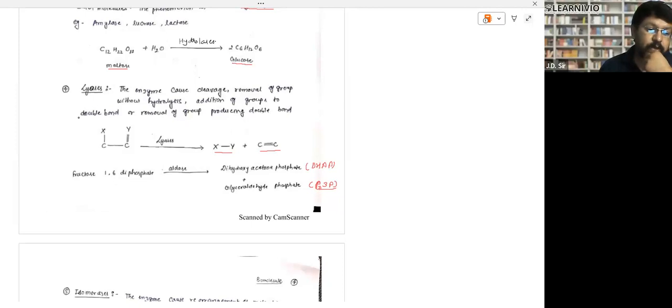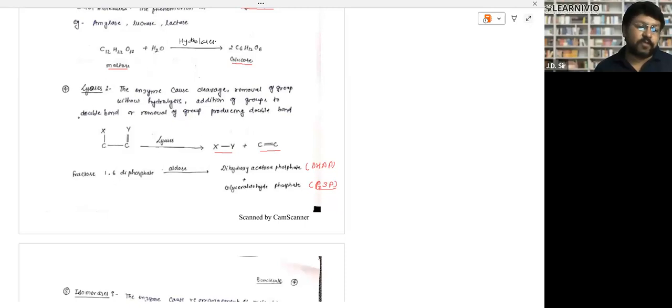Look here, C and C, these are the two carbons, and they have different functional groups. They break down these functional groups, and here both of the carbons have a single bond, but after the removal both of the carbons have a double bond, right?